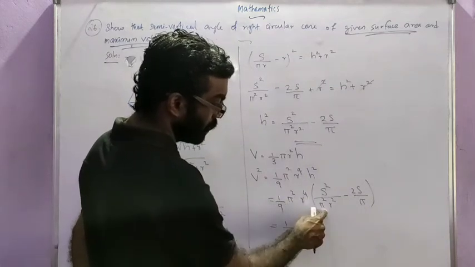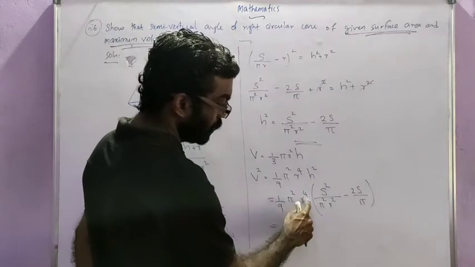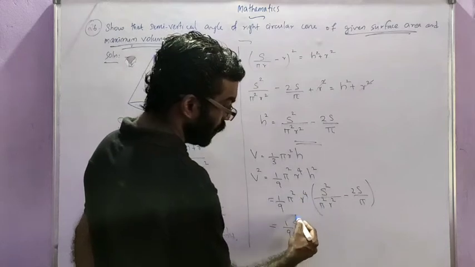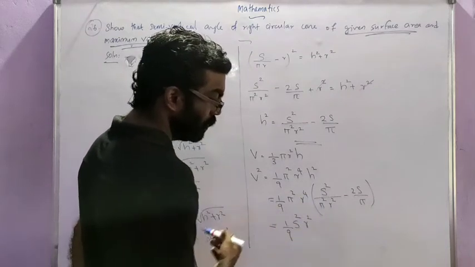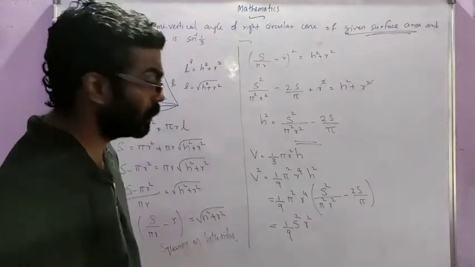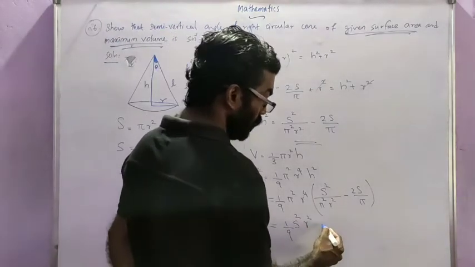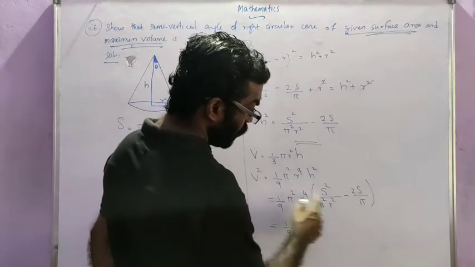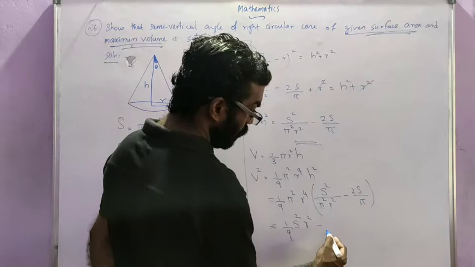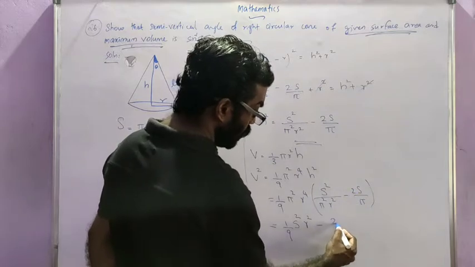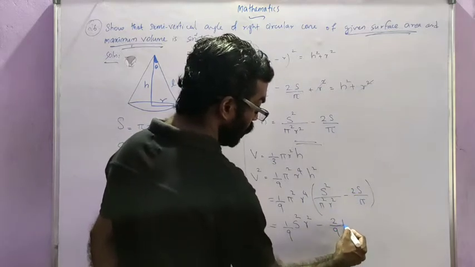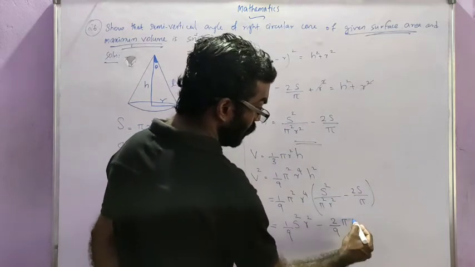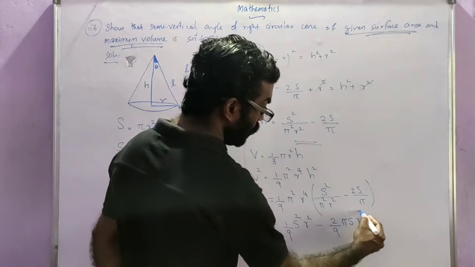This pi square and pi square cancel. R raised to 4 and r square cancel. We get r square. So first of all we can write s square, then r square. Okay, s is a constant, so we write first 1 by 9 s square r square, then minus, here 1 by 9 pi square pi, 1 pi cancel, here on 2, so 2 by 9 pi, then r raised to 4, here s, so s into r raised to 4.